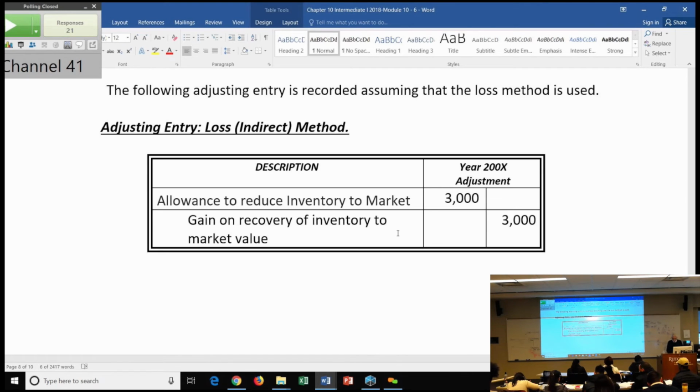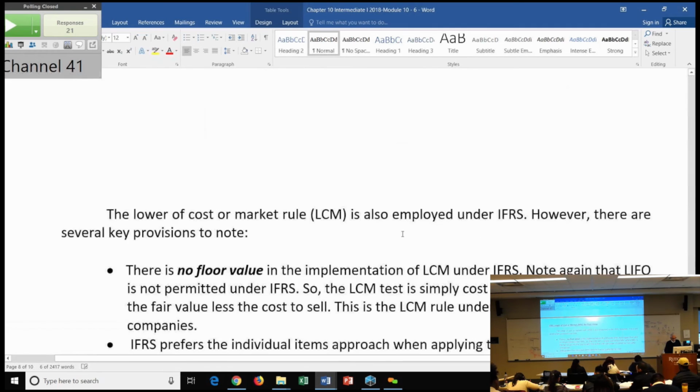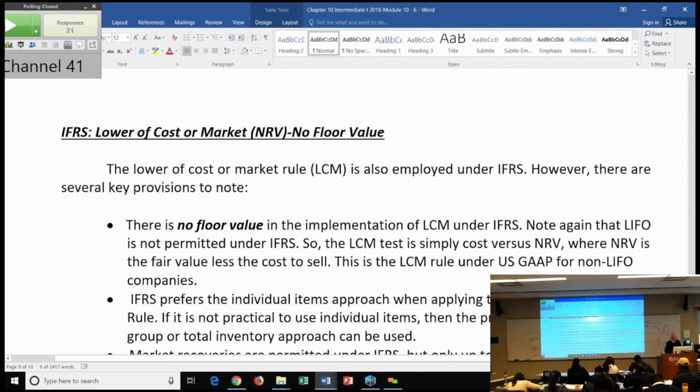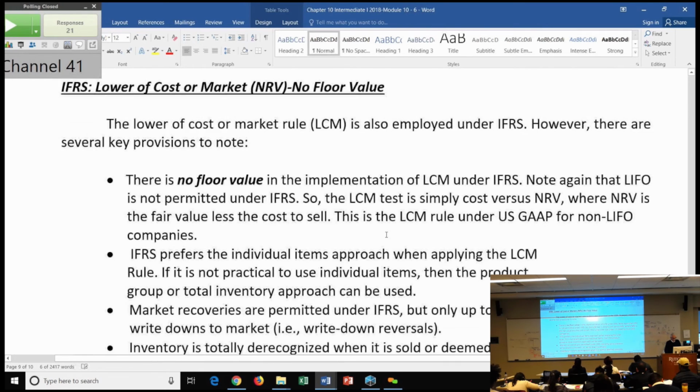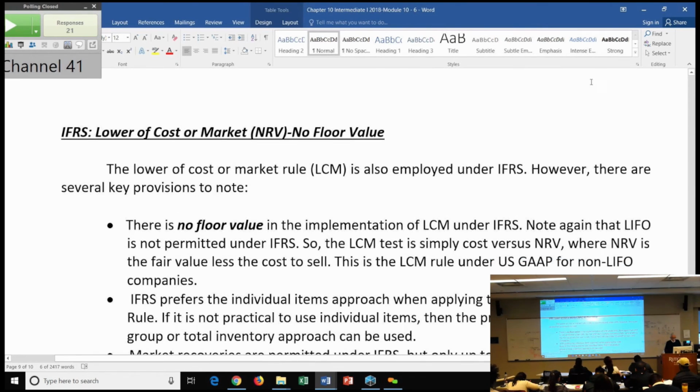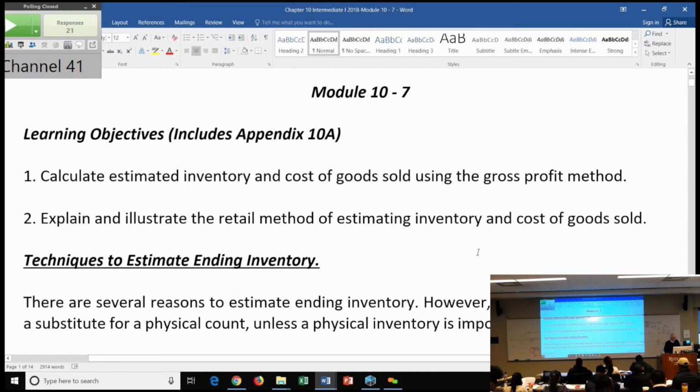All right, so now, by the way, the last thing here, we've already covered the LCM, so for IFRS, and again, you need to know that as we keep going. Okay. And this is going to make use of estimating inventory. And you have to estimate inventory for lots of reasons.